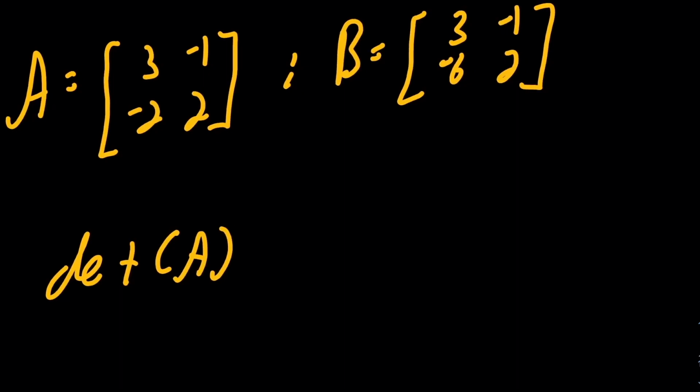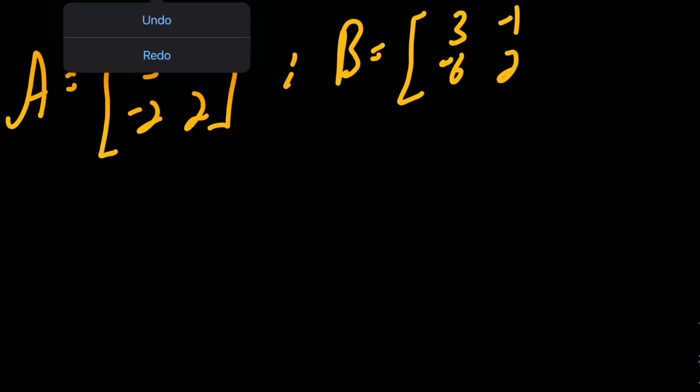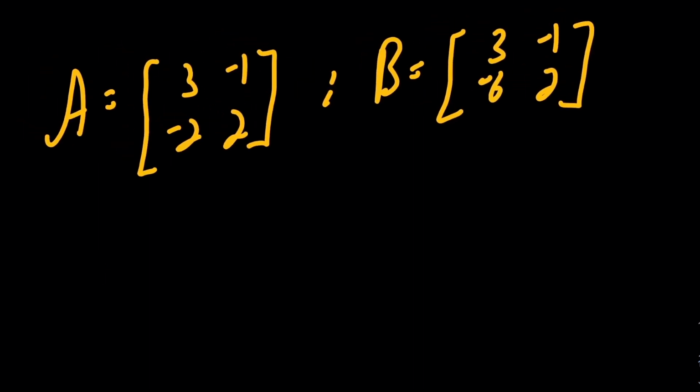So anyways, to find the determinant of A, we simply grab 3 times 2 minus negative 2 times 2.